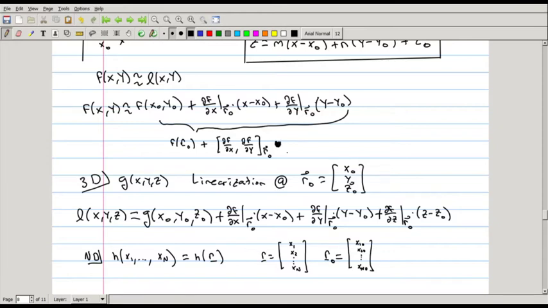This dot here means the vector dot product. So it's the dot product of this gradient vector at r naught with the vector x minus x naught, y minus y naught.